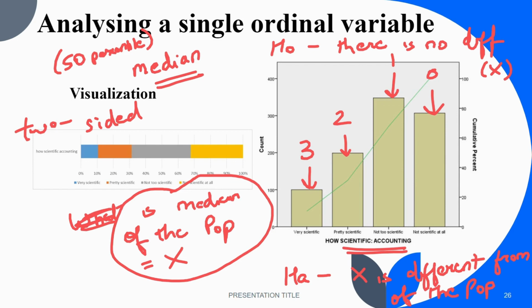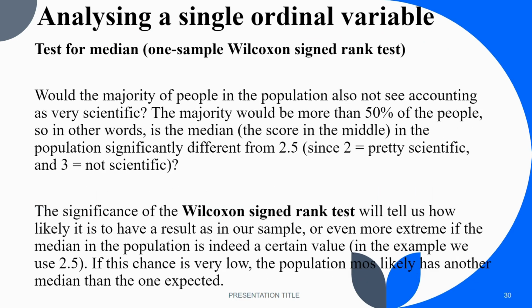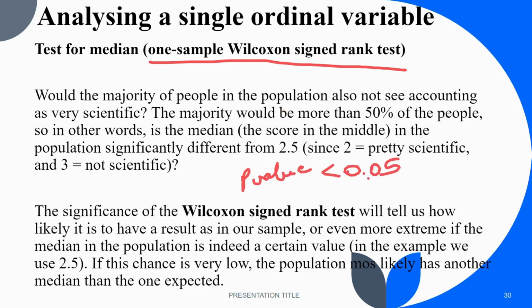This two-sided test is known as the one sample Wilcoxon Signed-Rank Test. With this test we get a p-value, and if the p-value is less than 0.05, then we can reject the null hypothesis and say that the median of the population is different from X.